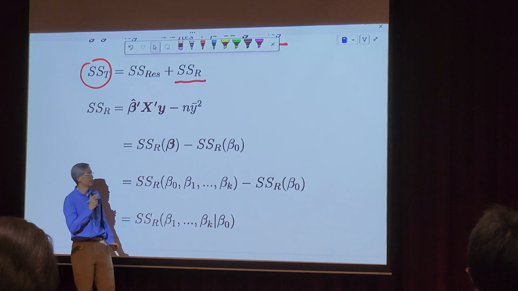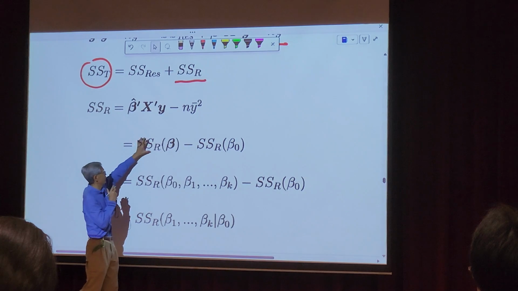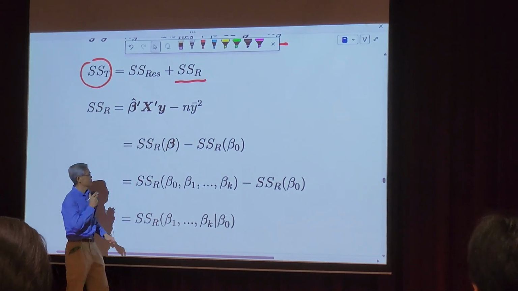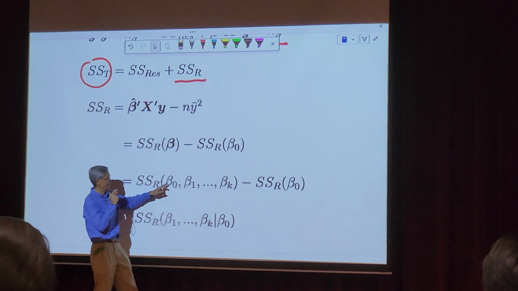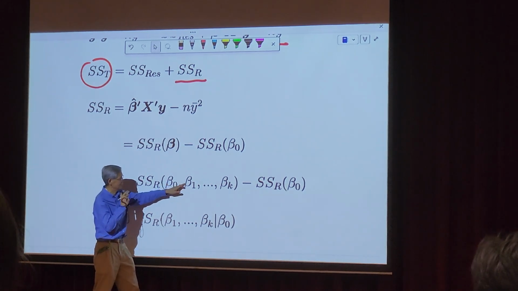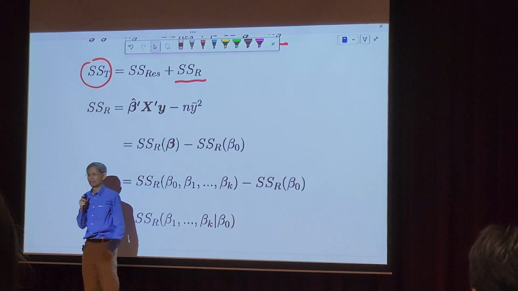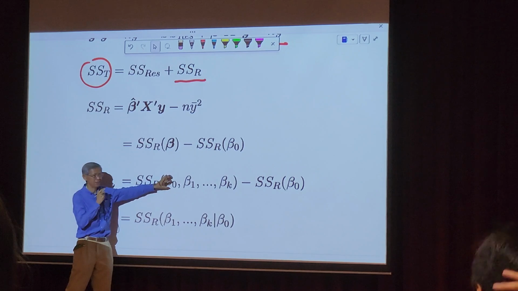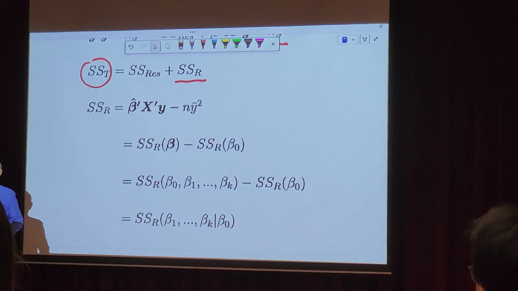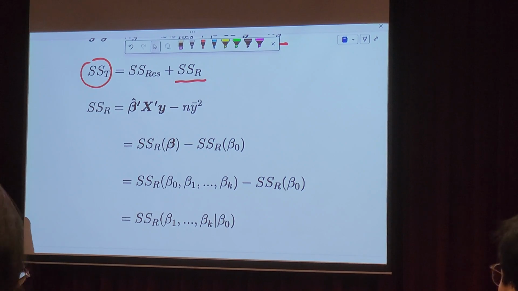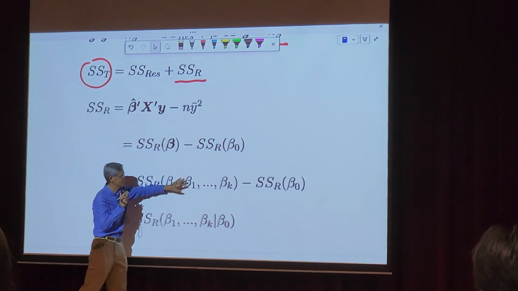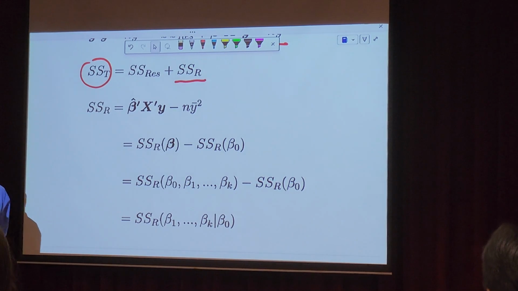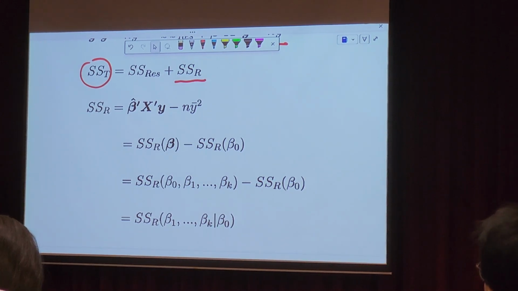That's all. Now, if you use SSR beta to do tests, what are you testing? You are testing whether beta naught is 0 or not, beta 1 is 0 or not, all the way up to k. But as I have told you, beta naught is the y-intercept. In general, this is not going to be 0. So if you do such a test with this quantity, you are almost always going to reject the null hypothesis.